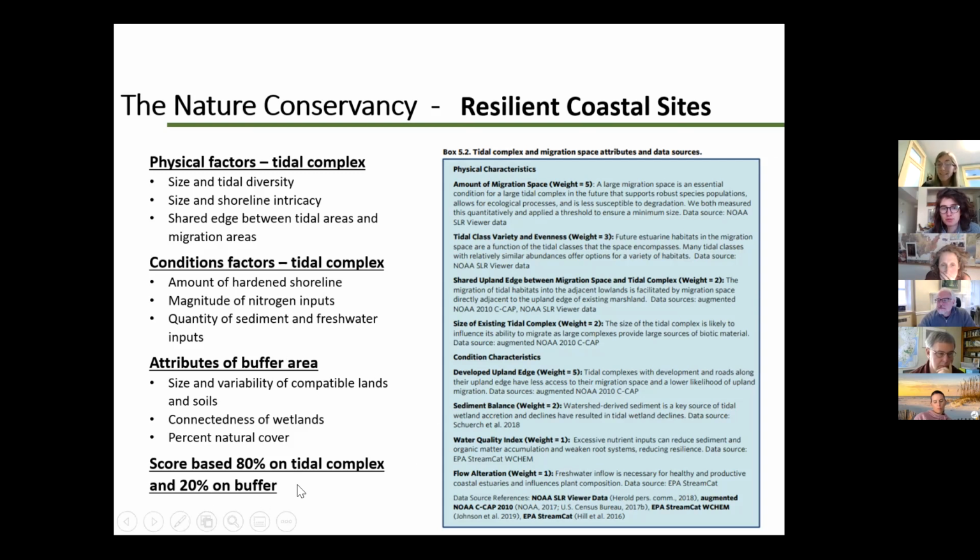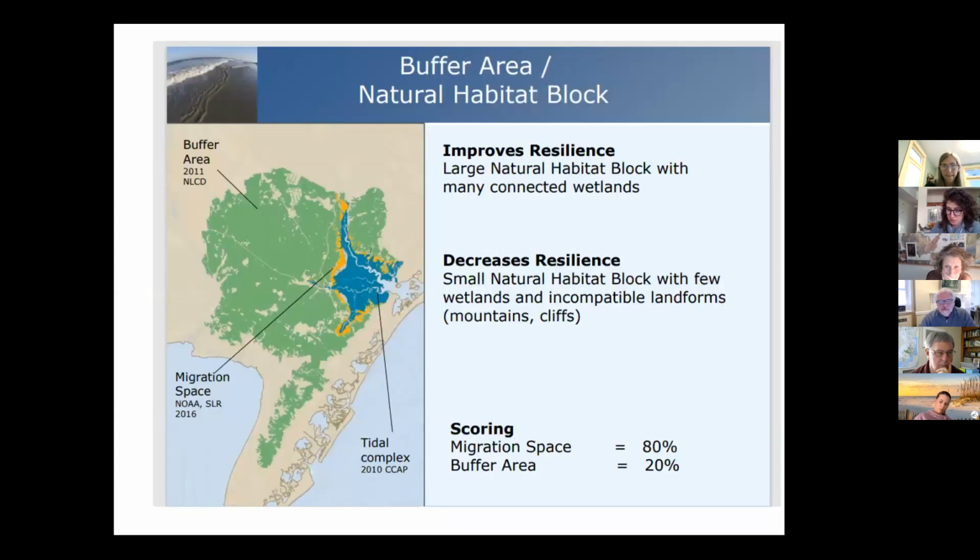And it is interesting, again, I'm about to visit the buffer area around our tidal complexes. Just keep it in your head, buffer areas contribute to about 80% of the final score. So one of the condition features that were also considered is a much larger buffer area around the existing marsh and the migration space.